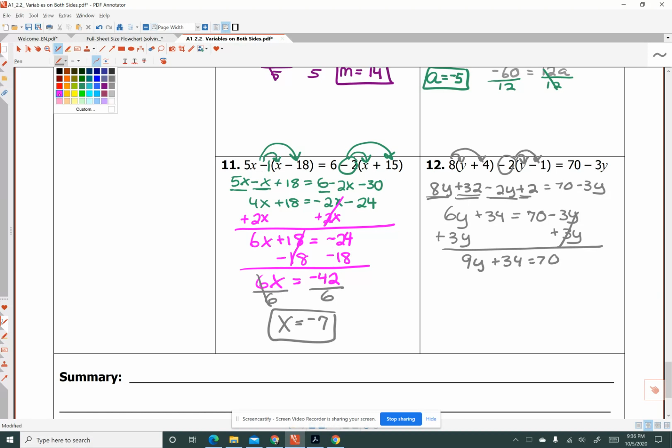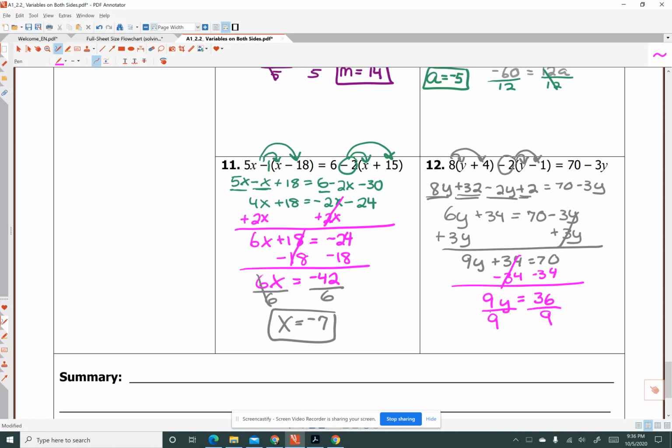Now I'm going to subtract 34 from both sides so that I can isolate that term 9y. 9y equals 36. 70 minus 34 is 36. y is being multiplied by 9, so let's divide by 9.